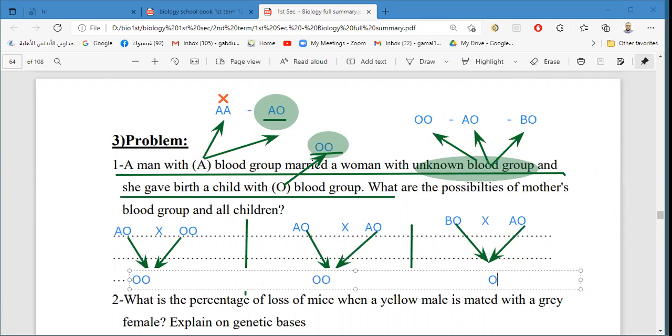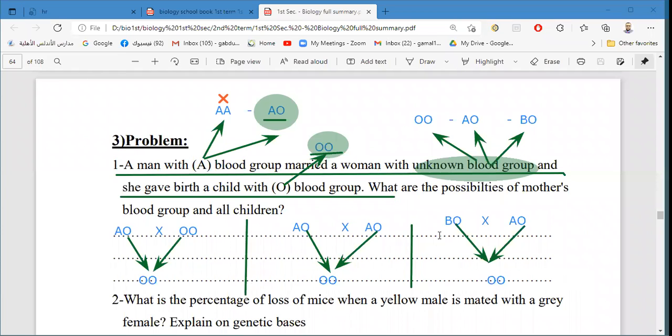We have here three possibilities for the mother and one possibility only for the father. So you can make it in a complete way. We can make the complete problem with the cases of the children. The possibilities of the children here: you have AO and OO, and also AO. Here you have OO, AO, AA, and also OO and AO.